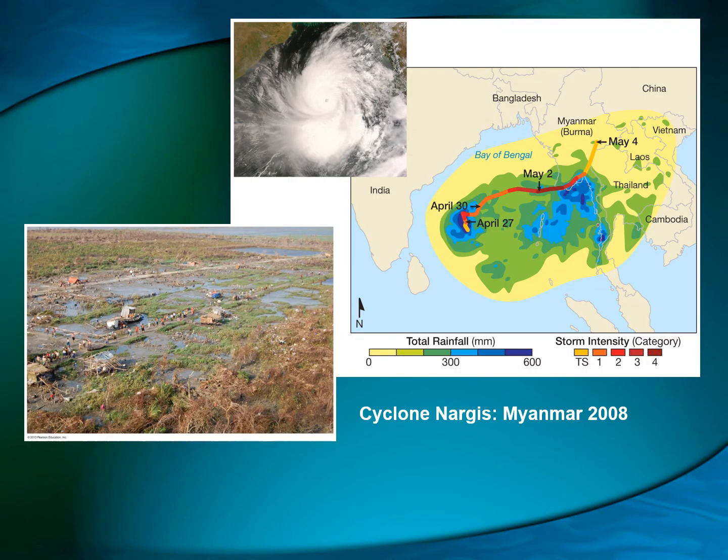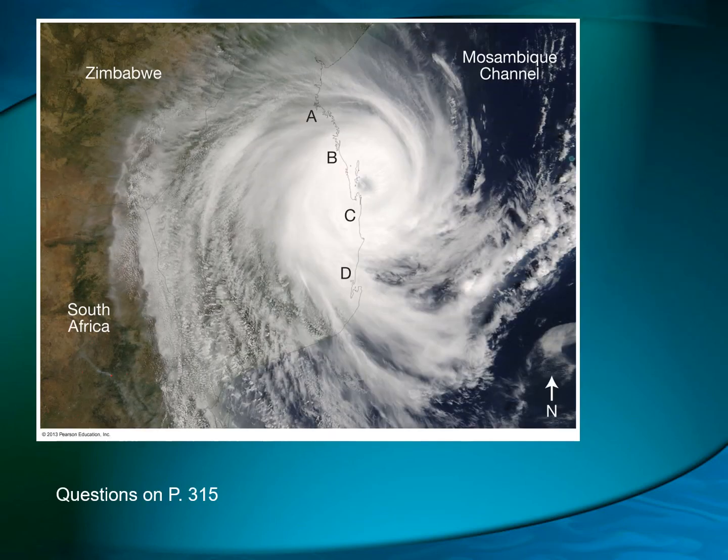Oh my goodness, this is a cyclone that hit Myanmar back in 2008. This was quite devastating. Hey, this is South Africa and Zimbabwe. All right, so, okay guys, what hemisphere is this?